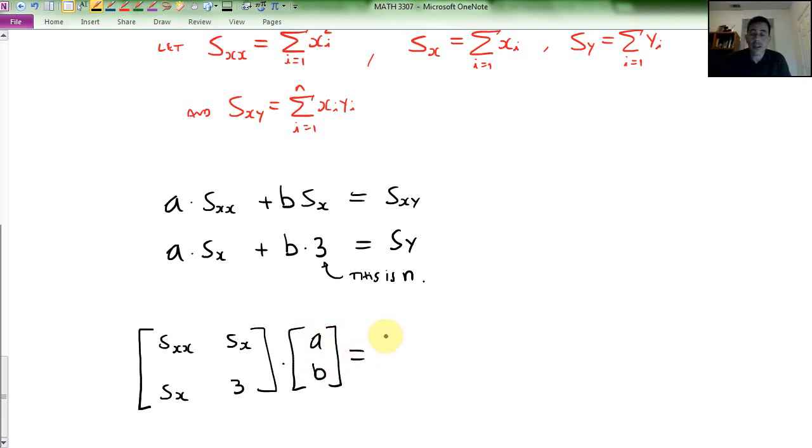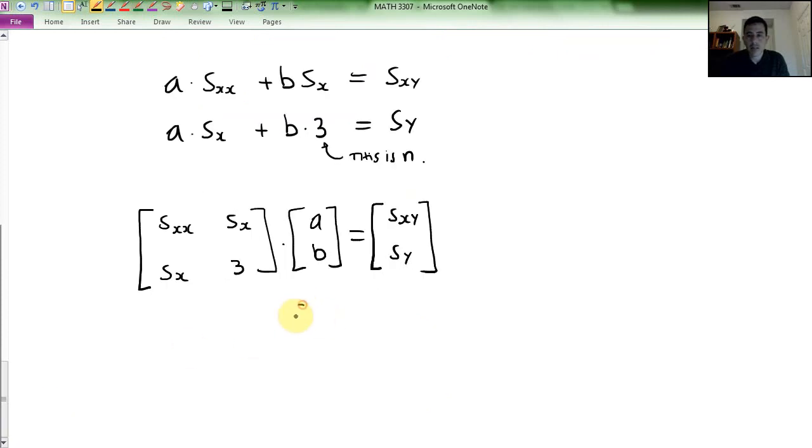You could use Gaussian elimination or any other numerical method that we used before. But because this is a 2 by 2 matrix, we can go ahead and put a formula for that. You all recall the formula? A, B, C, D, inverse.